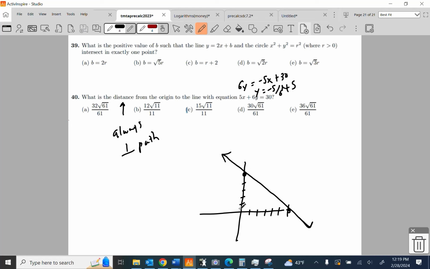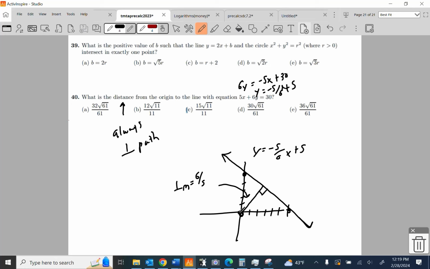There's your line. What we want is the perpendicular path. Now remember, this is y equals negative 5 sixths x plus 5. The perpendicular path would have a slope of 6 fifths because of the whole opposite reciprocal idea. That would be the deal.